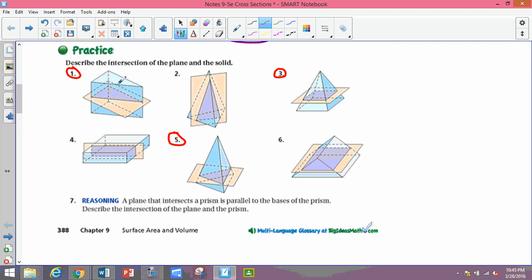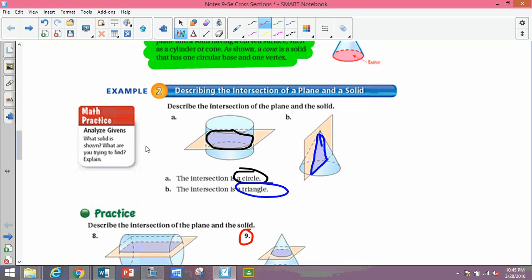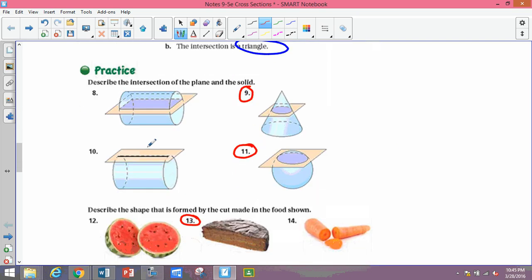So all you're doing for 1, 3, and 5 is identifying the two-dimensional shape that's created when your pink cross-section cuts your blue three-dimensional figure. And then for 9 and 11, you're essentially doing the same thing. For 13, you're doing something a little bit different. You're still describing the shape, but it's actually a real-life thing that we're looking at. Okay?